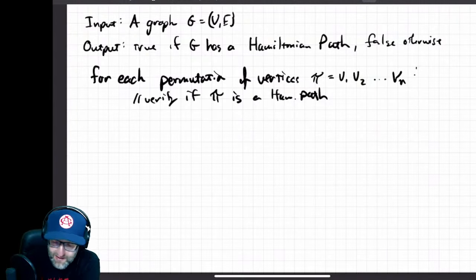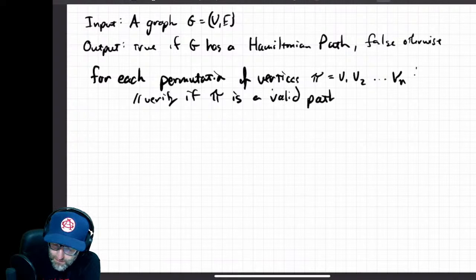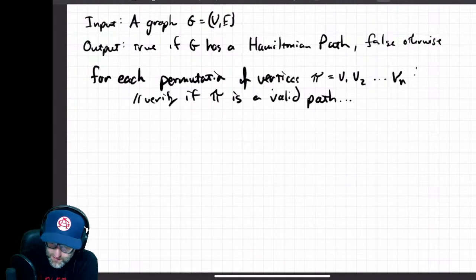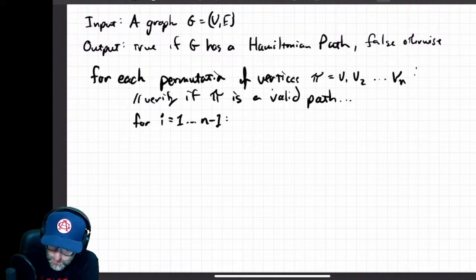So let me rephrase this and say is a valid path. How do we do that? We just have to check vertices. So for i running from 1 up to n minus 1, actually, give myself some more room here.